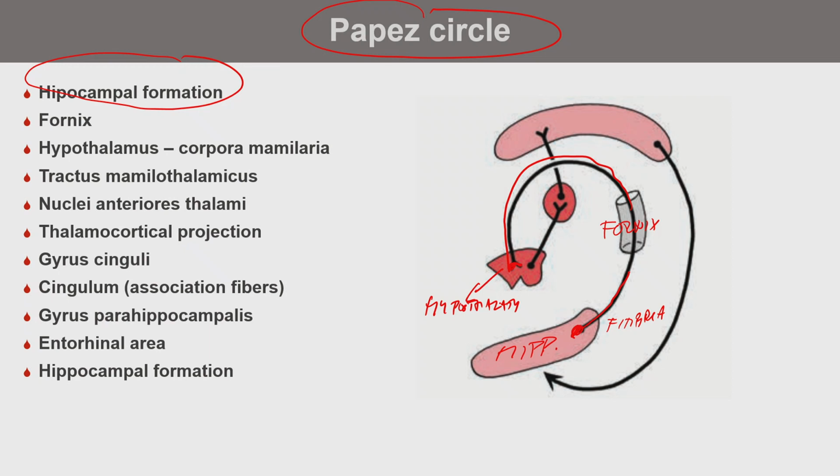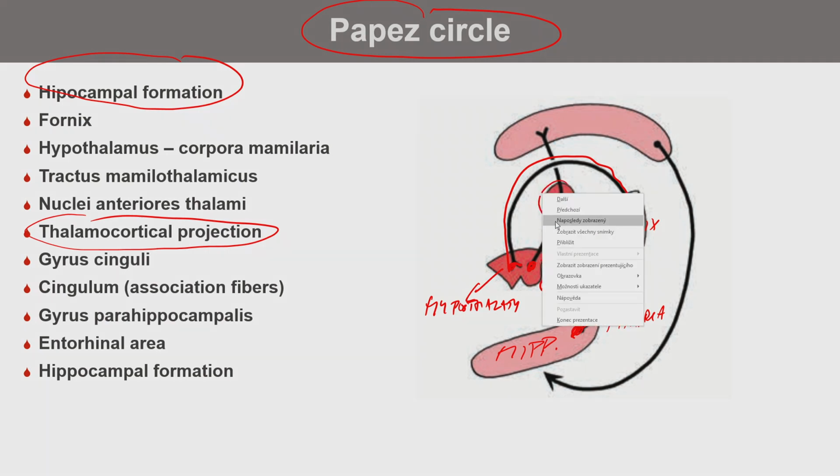Then from the hypothalamus it relates to the corpus mammillare. Remember, sweating, hyperthermia if it is impaired, and then the mammillothalamic tract, with the projection to the thalamus.